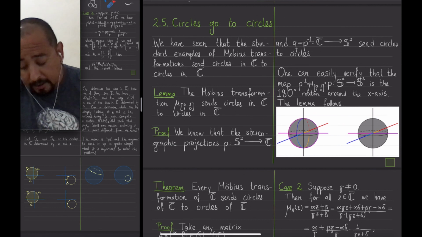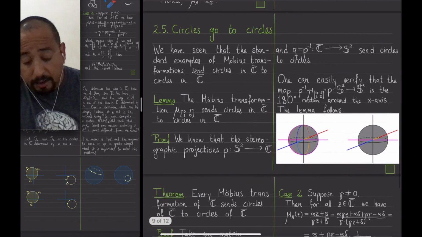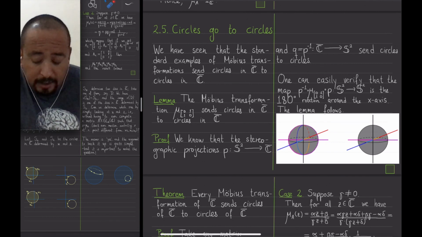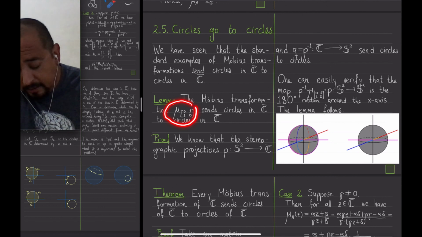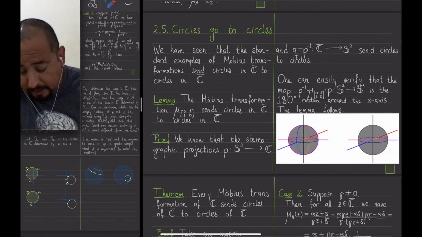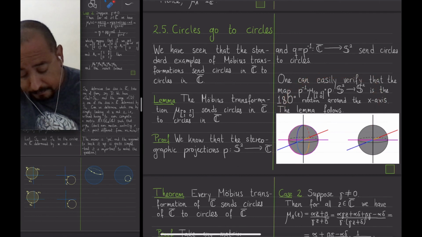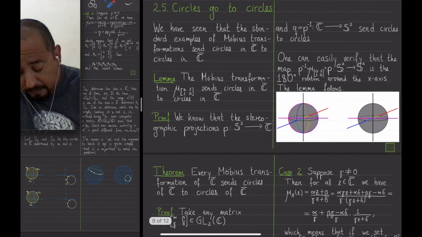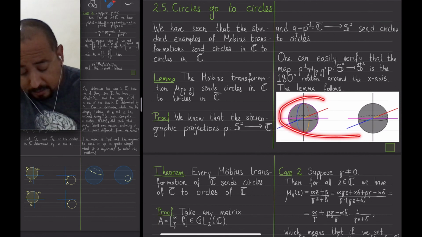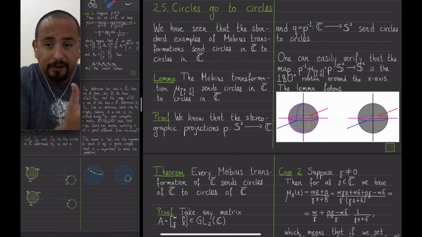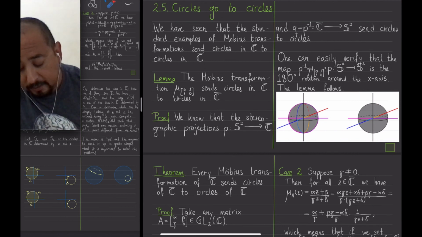We did it by recalling that our standard examples all obviously send circles to circles, and then this almost standard example also sends circles to circles by an argument that I find rather beautiful, because it moves to another model where it is very easy to see that it sends circles to circles.